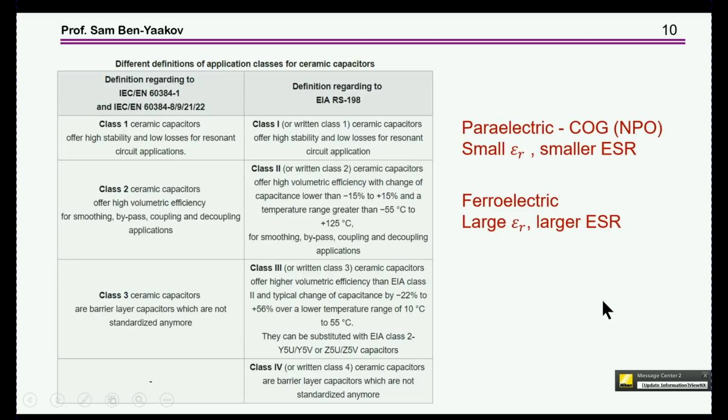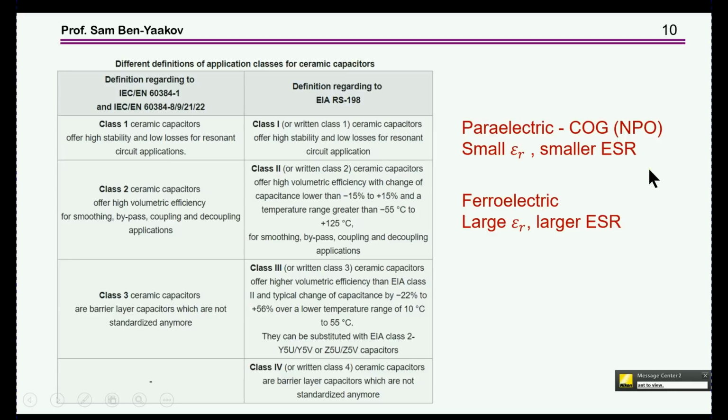So we have now 2 groups of material that are used for ceramic capacitors. They are the paraelectric material and the ferroelectric material. And the industry designates them as class 1, class 2, and class 3. Okay? Class 1 are the paraelectric material. It's known as the C0G or NP0.